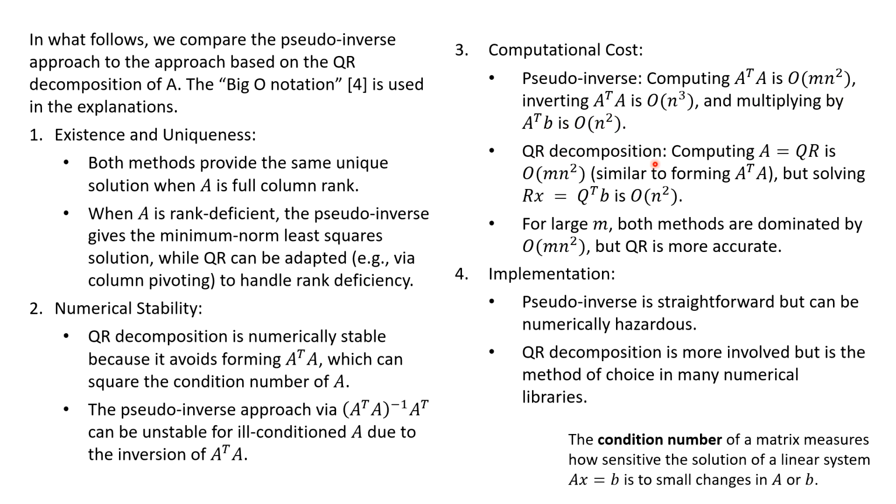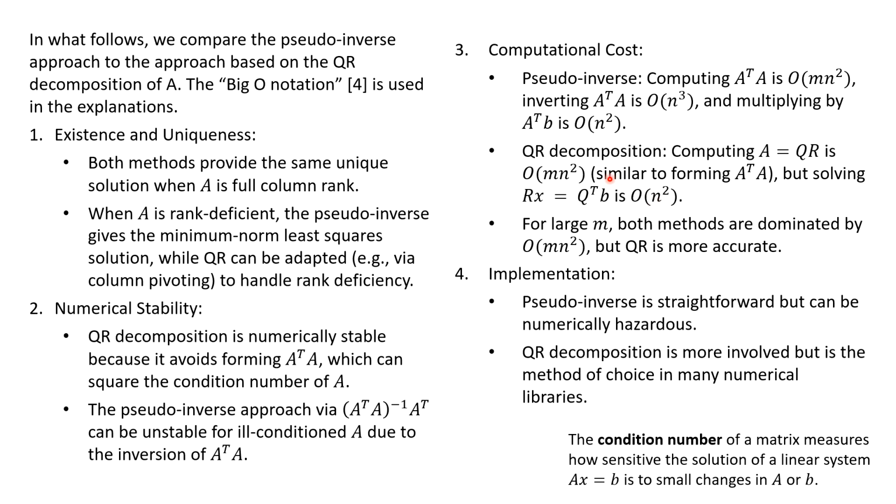The QR decomposition, computing QR, is m n squared, so that's similar to this. You don't have the n cubed term in here, but solving R x equals Q transpose b is order n squared.